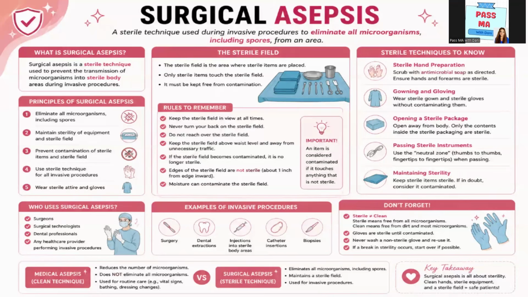Okay, so never leave a sterile field unattended. Never reach over a sterile field. Never put any item within a 1-inch border of the sterile field. Make sure that your sterile field is at least at waist height. If sterility is broken, even for a second, guess what? You have to start over.